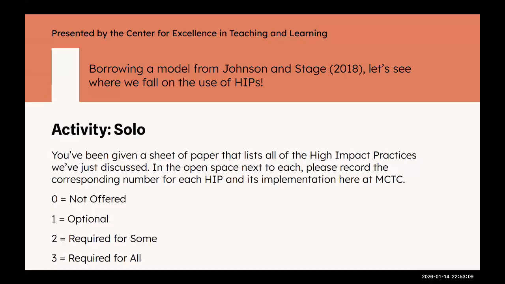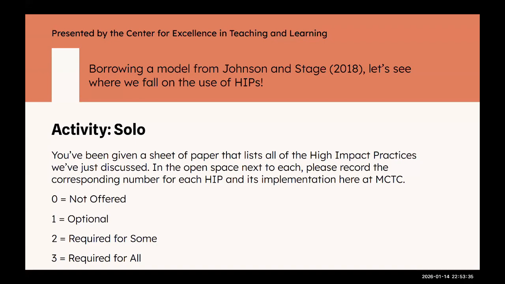This is a scaled down version of a model that was given to a collection of, I want to say like 25, 26 institutions where they had to rank their high impact practices by the following: either 0, not offered, 1 being it's optional, 2, it's required for some, but not all, and then 3, yes, this high impact practice is required for everyone.